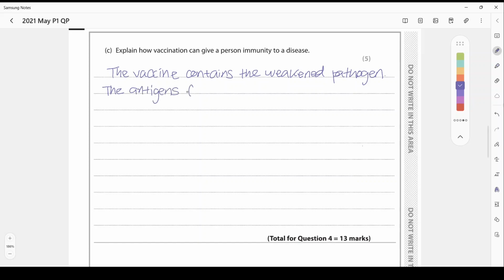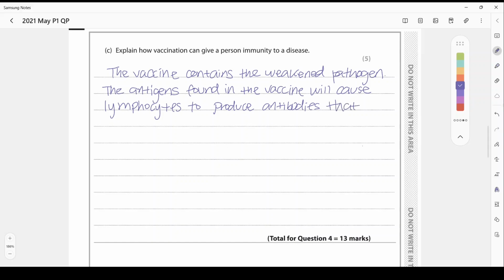The antigens found in the vaccine will cause lymphocytes to produce antibodies that will remain in the blood.